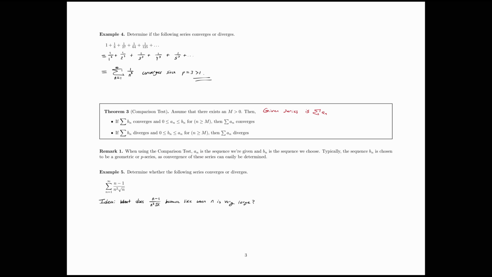It's only when the sum goes on forever that we have to wonder about convergence or divergence. Because any finite sum would converge, we really only need to worry about what the terms look like when n is exceptionally large. So we want to use the idea of dominating terms.